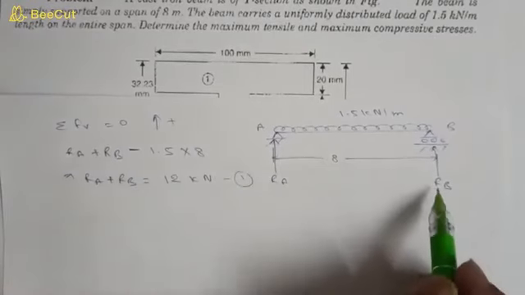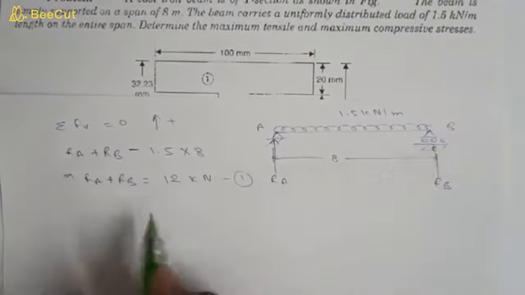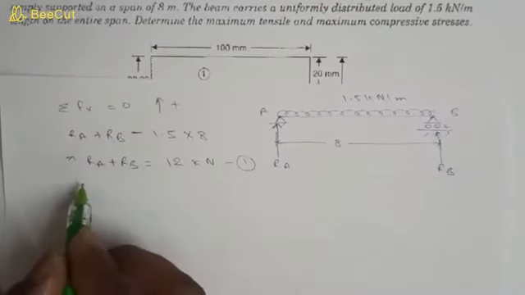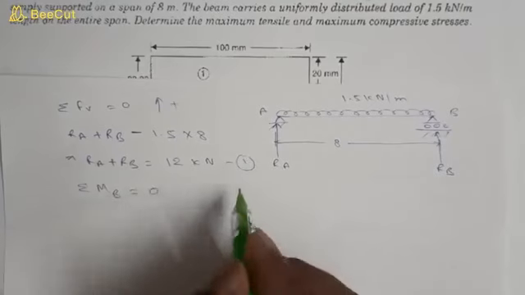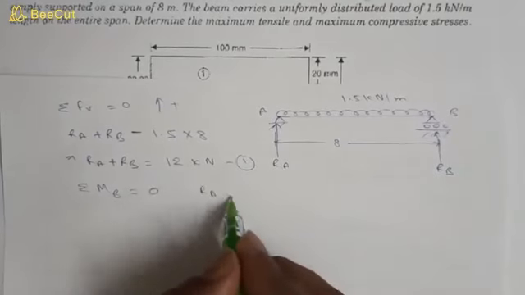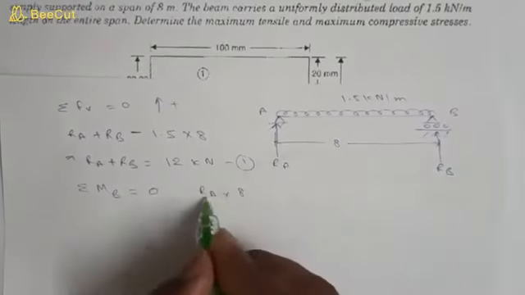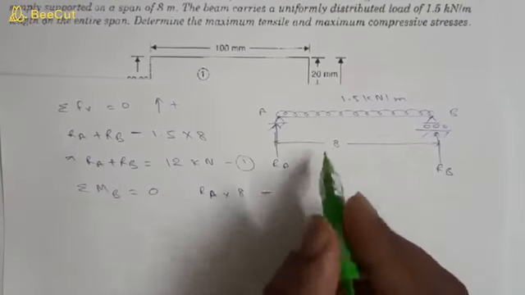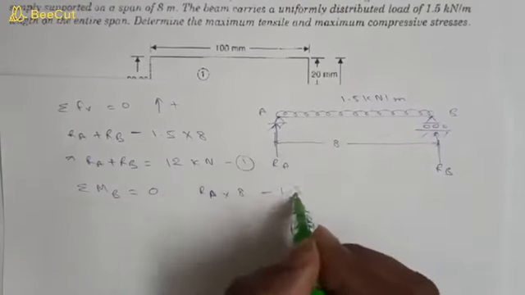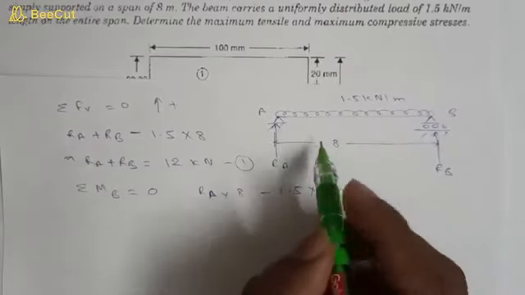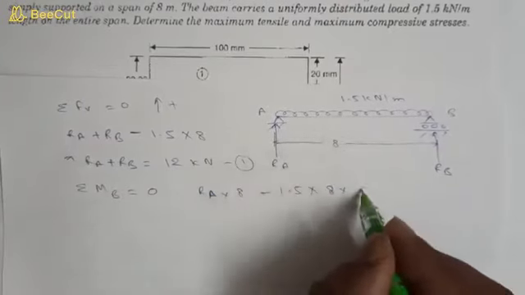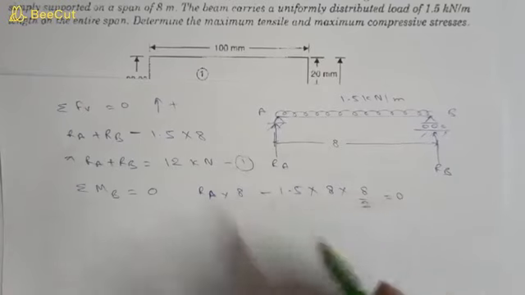Now if we take bending moment about point B, it should be 0 because it is roller support. So sum of all the bending moment about B is equal to 0. So RA into 8 minus 1.5 into 8 into 8 by 2 is equal to 0.